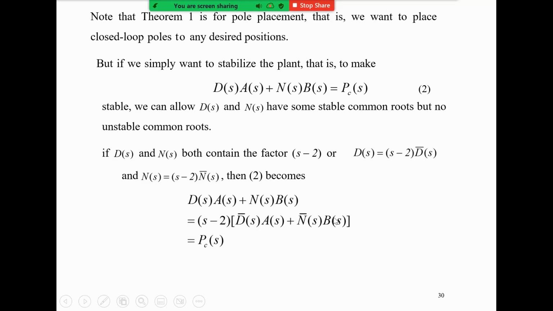It means that your closed loop is unstable, because the closed loop always has an unstable pole. No matter how you design your A and B, this unstable pole is always there. So the system is unstable. Of course, that is not what you want.